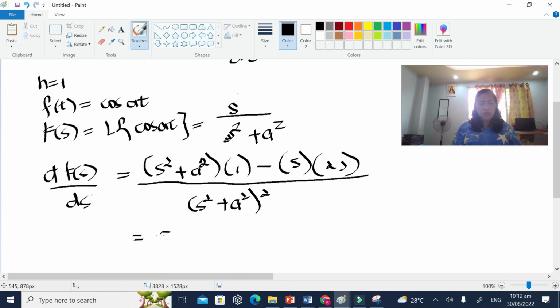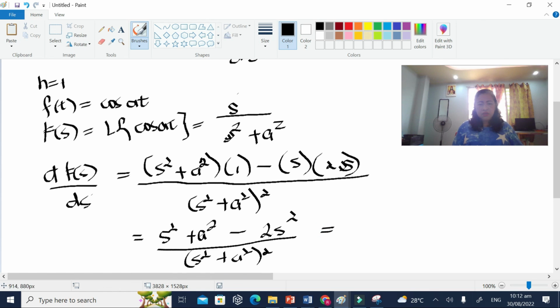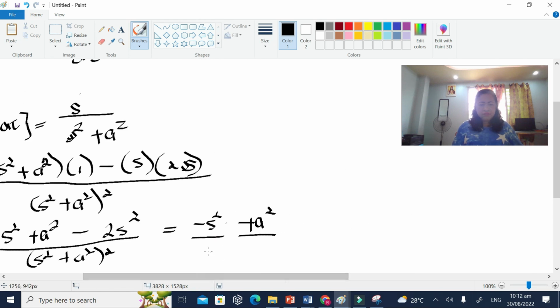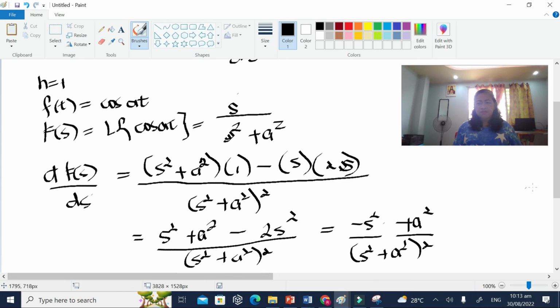So that will become s squared plus a squared minus 2s squared, over s squared plus a squared, squared, which becomes negative s squared plus a squared, over s squared plus a squared, squared. That is the first derivative.